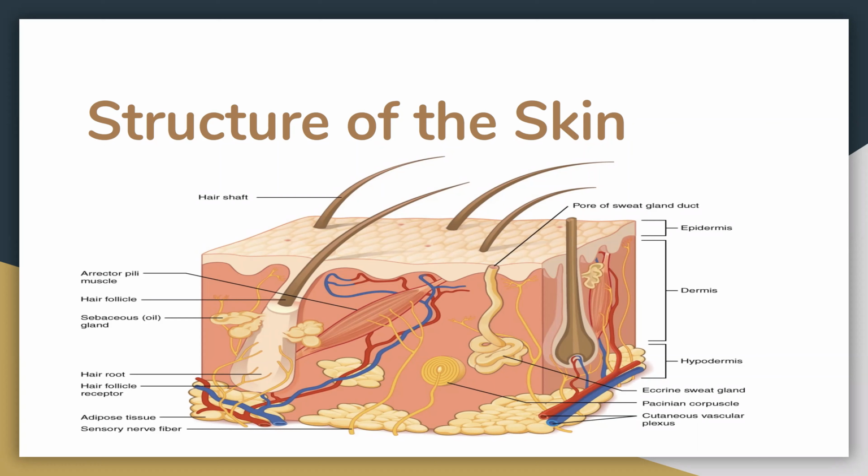Your hypodermis is further down towards the fat, and the dermis is the big, kind of muscle area of the skin, and then you have the epidermis, which is the very top layer. You have your sweat pores or your glands, and then you also have your hair shaft and your hair follicles. Okay.